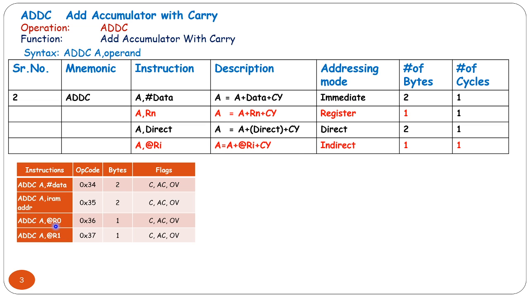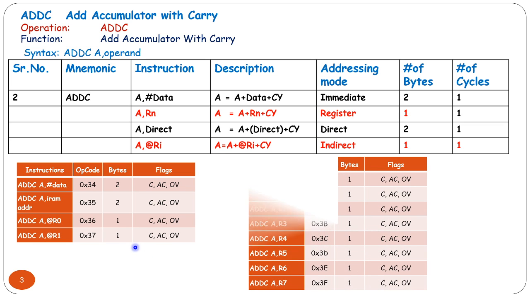ADDC A, @R0 has operation code 36, and ADDC A, @R1 has 37H. All these are in hexadecimal. The carry flag, auxiliary carry flag and parity flag are changed by every instruction.